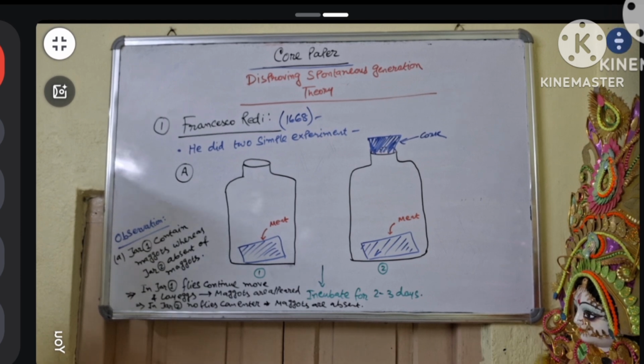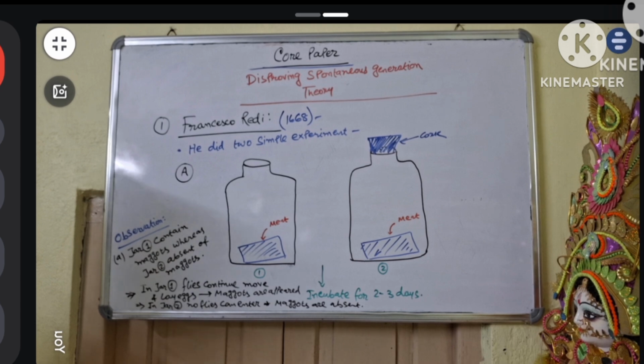Francesco Redi's experiment, a simple experiment, to oppose this spontaneous generation theory. But is it the ultimate proof? No. Because when you disprove something, there are always critics who oppose the experimental result.